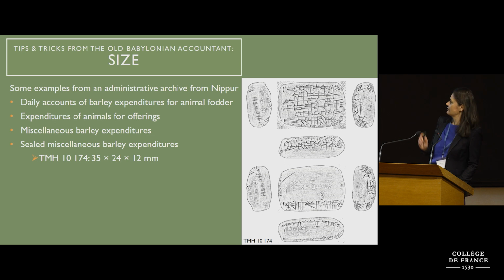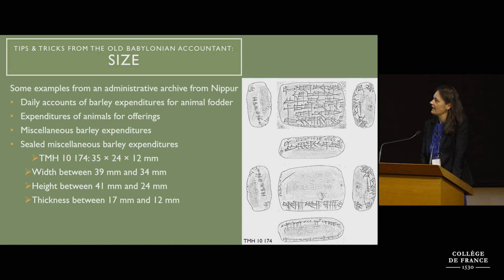So, there's a special group within these miscellaneous barley expenditures, a group of sealed documents. And they have two very specific aspects. They are sealed and they are written in a landscape format. And as you can see, they are quite thin too.